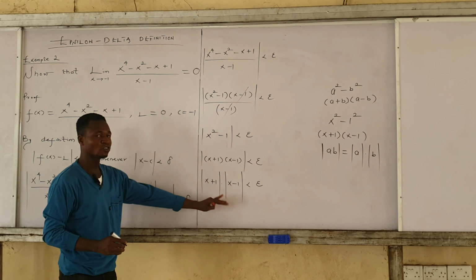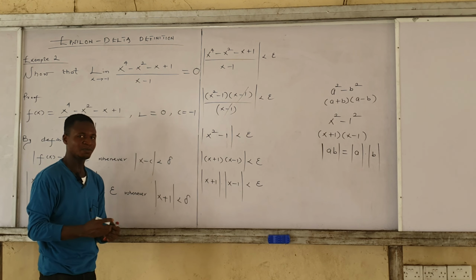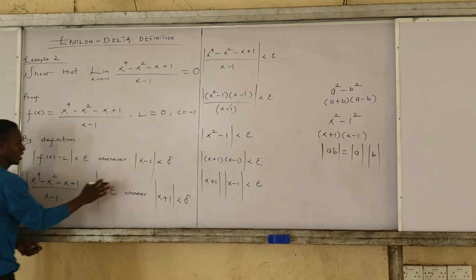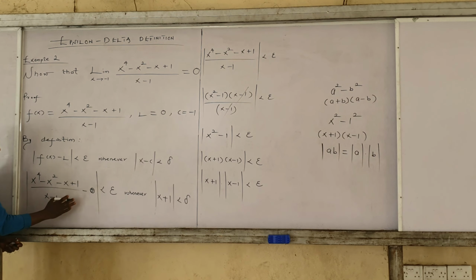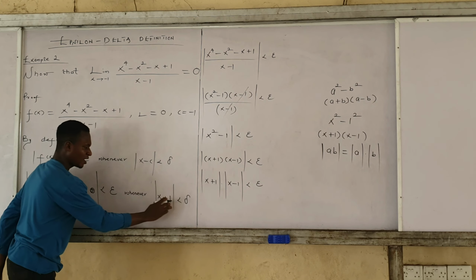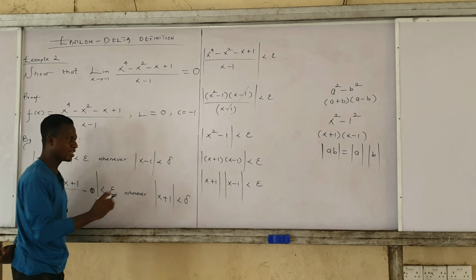Now that we have gotten to this point, the next thing we want to do is to establish a connection between what we have on the left hand side with what we have on the right hand side. That is, with this given expression and this given expression. You can see that the second condition tells us that the absolute value of x plus 1 is less than delta.